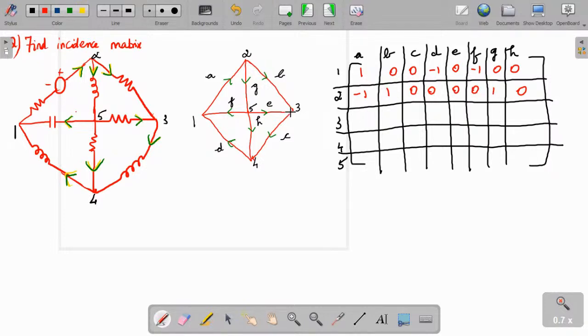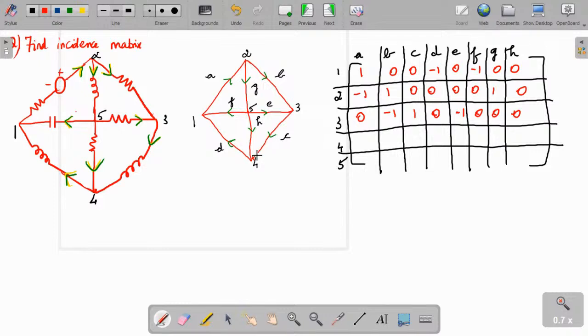Next at node 3 we have B, E and C. So only B, E and C, other things are 0. So B is entering, so -1, E is also entering, so -1, whereas C is leaving, so it is +1.